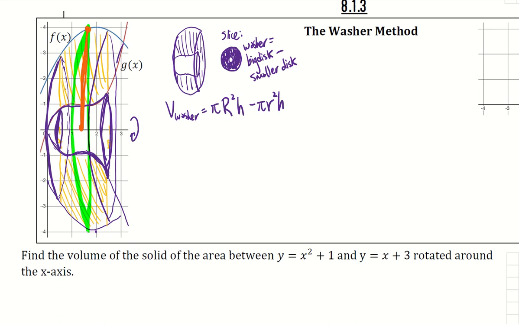It's going to be the distance to the outer function. But the piece that's being cut out, that radius, goes to the inner function.